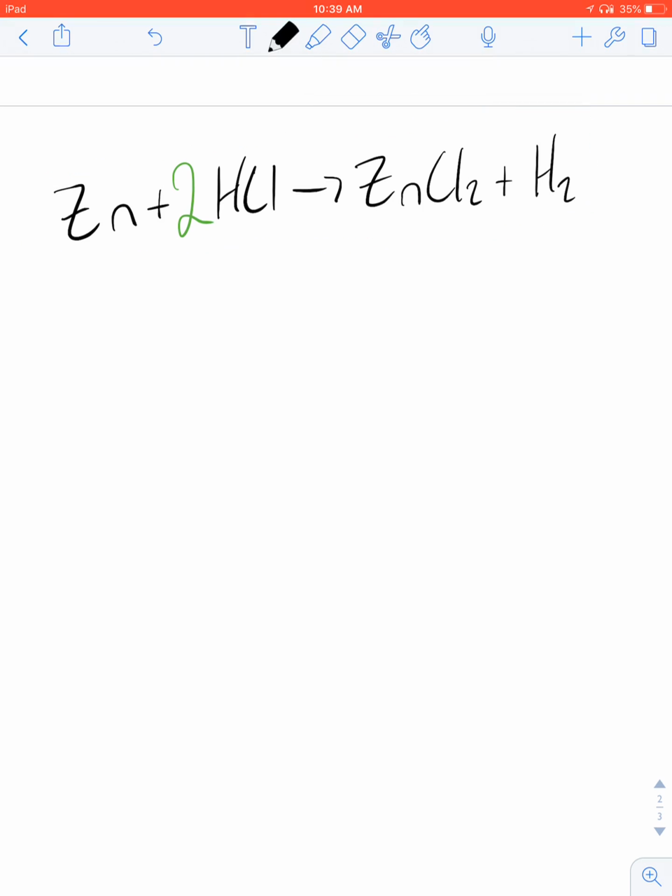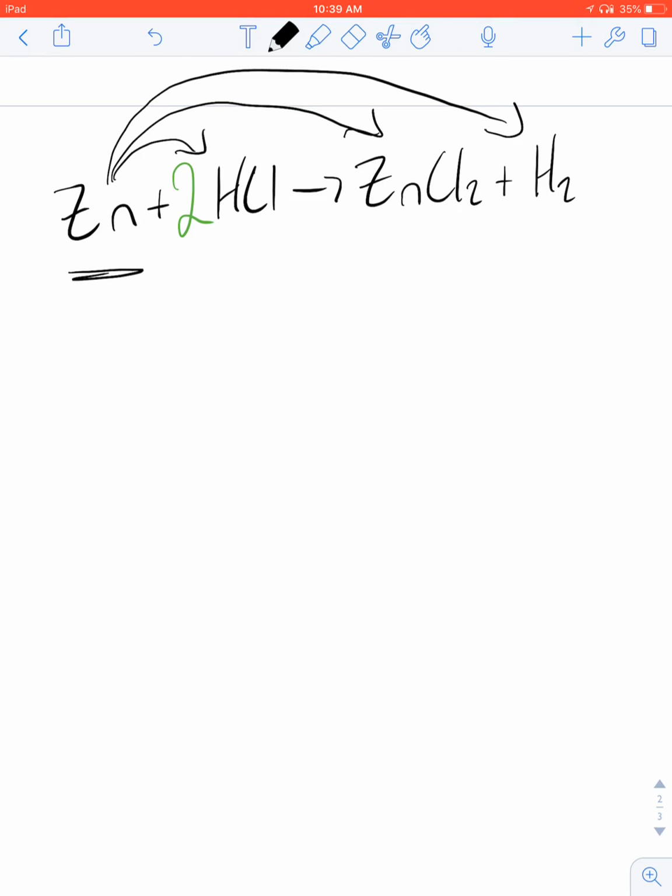In order to make our mole ratios, let's start with the leftmost component, zinc. And we're going to make a relationship between zinc and HCl, zinc and ZnCl2, zinc and hydrogen gas. That's going to be our first set of mole ratios that we make.